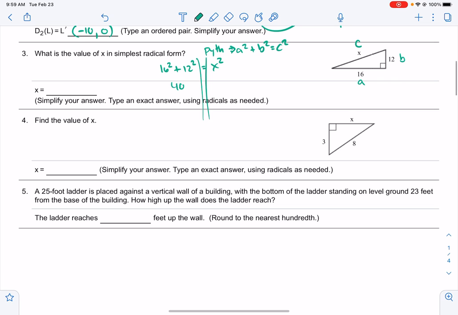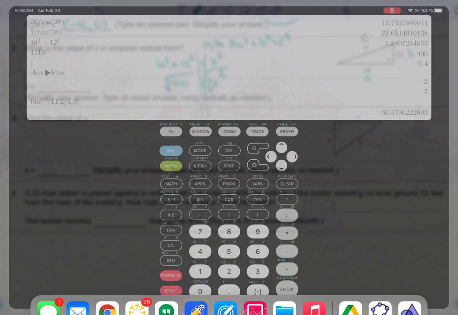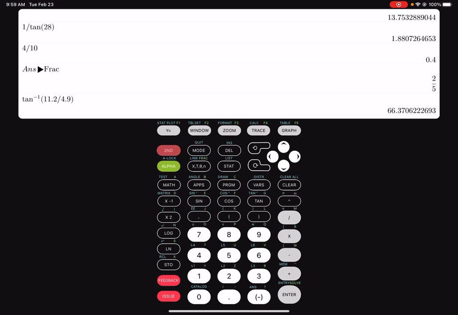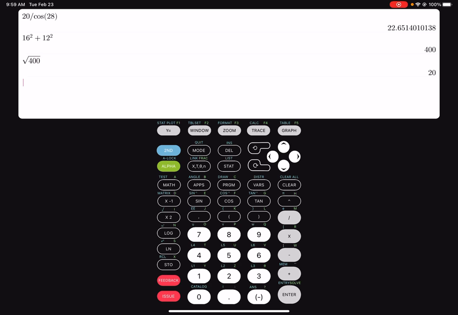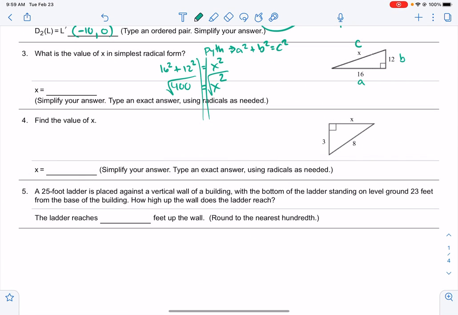So I'm going to end up with 400 equals x squared. Now to get x by itself, it doesn't want x squared, it wants x. So I've got to square root both sides. So I'm going to take the square root of 400, and I get 20. So x is equal to 20.